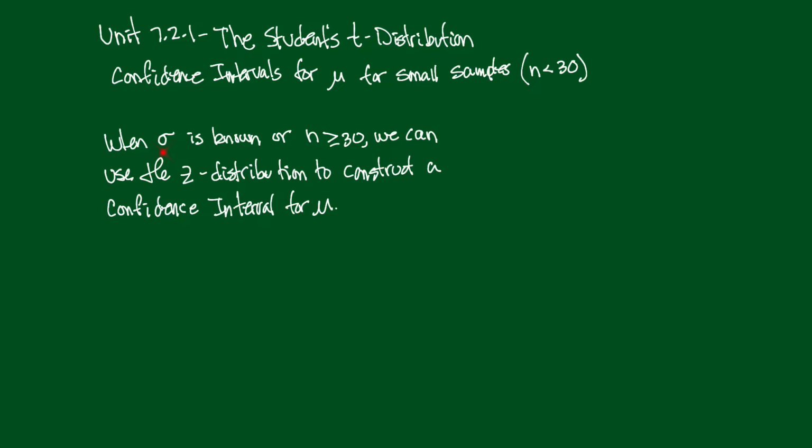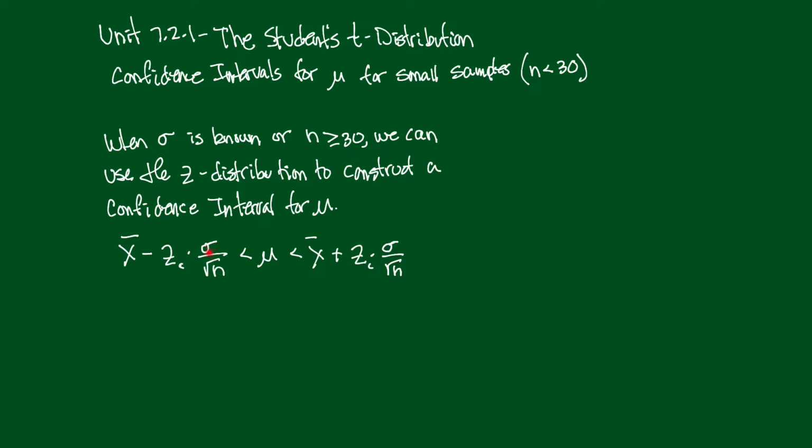So if you know sigma or if you have a large sample, we can use the z-distribution to construct a confidence interval for the mean. Here's what we used. That formula should look familiar. You take x bar, you subtract the z value. Now the z value, that is a critical value, depends on your level of confidence, times sigma over square root of n.